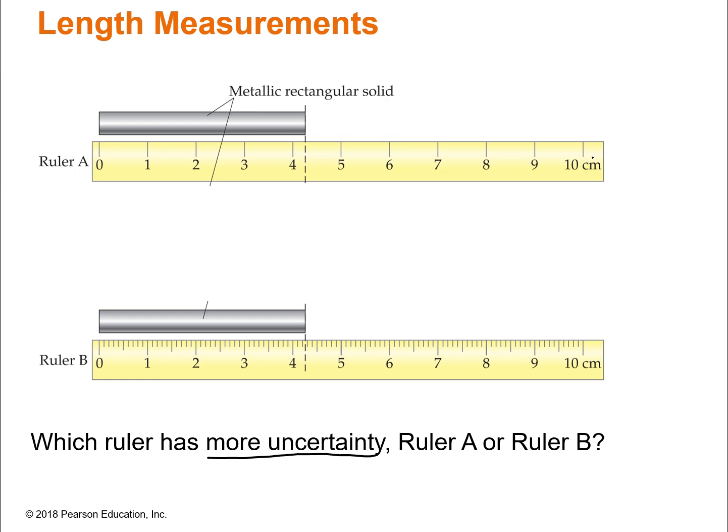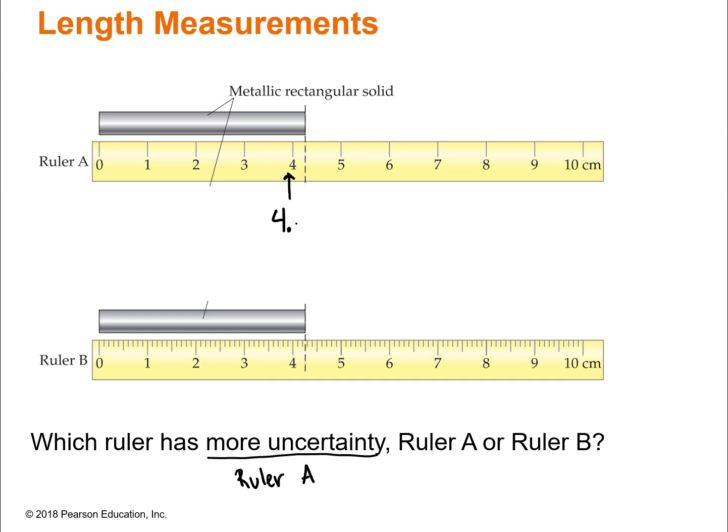So as far as which ruler has more uncertainty, that's going to be ruler A. It doesn't have as many tick marks, so when you're making your measurement, you're not really going to be able to tell much past, all right, I see 4, right? So I know it's 4 point something.